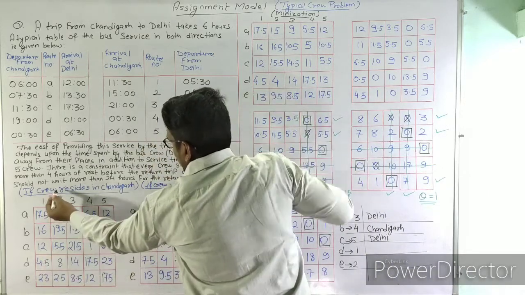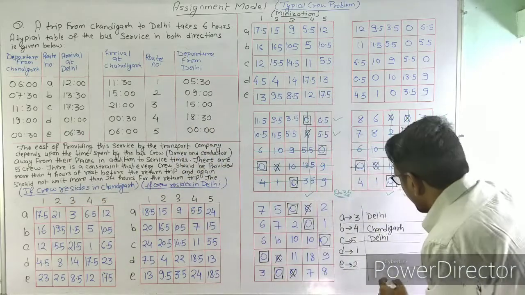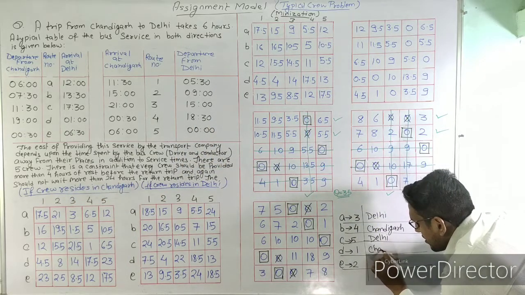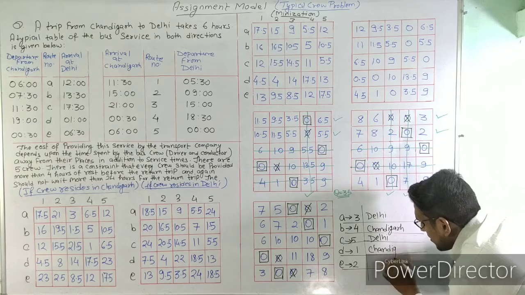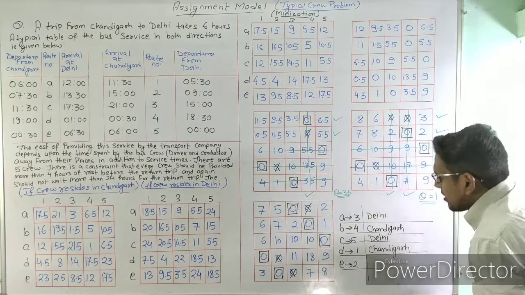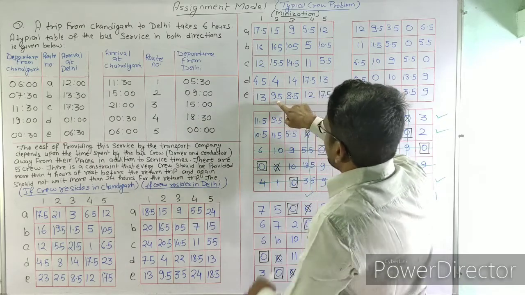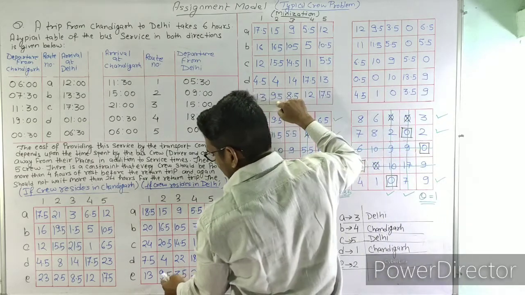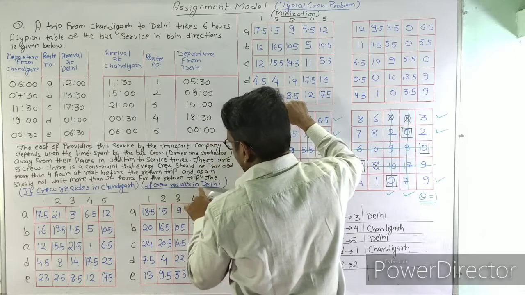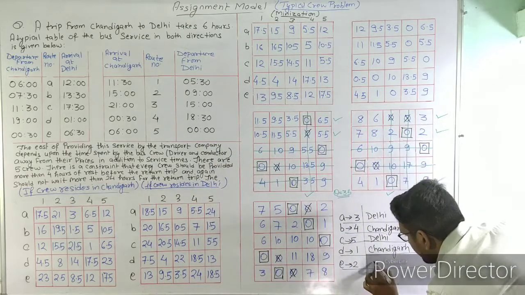So this shows that the crew resides in Chandigarh. And the last assignment E2, that is 9.5, and this 9.5 is coming from this matrix, which shows that the crew resides in Delhi.